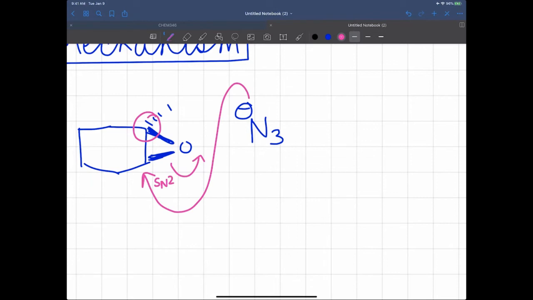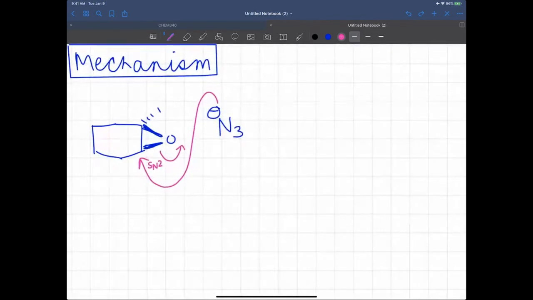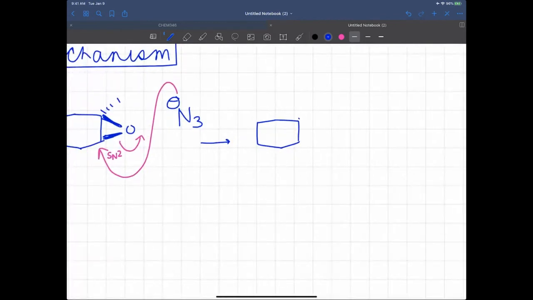You should leave it, because SN2 did not occur at the spot where I circled. Everything remains as it is. You are going to flip the stereochemistry at the carbon attacked by the azide ion. So what you have is this here, and because SN2 did not occur at the other carbon, you just leave it as it is.